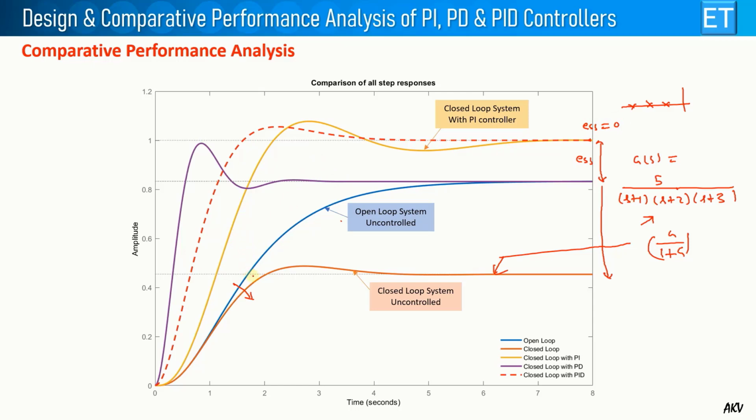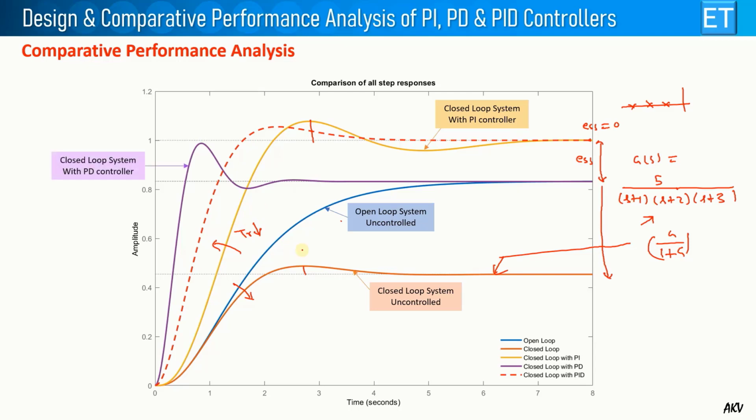Also it has shifted to this side, which means your rise time has reduced, so your system becomes faster as compared to your uncontrolled system. Also some oscillations are introduced, and this Mp is introduced. That is some disadvantage of the PI, but we are getting 2 advantages here: the steady state error is 0, and the system has become faster.